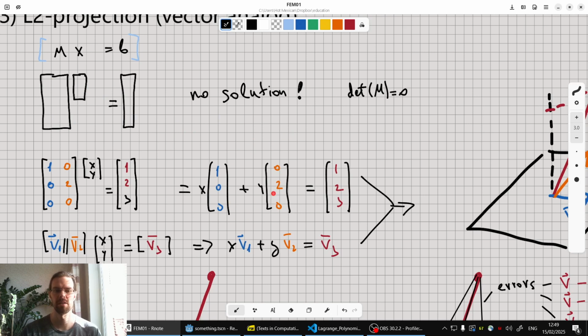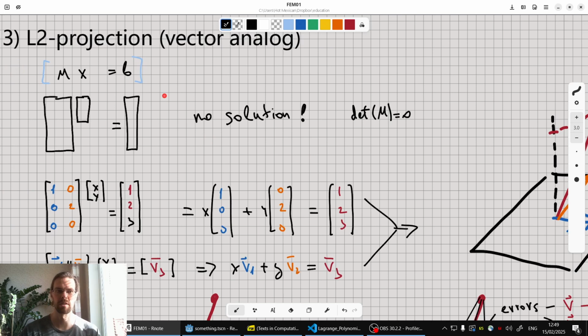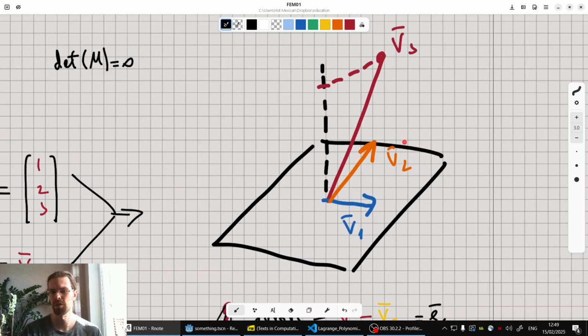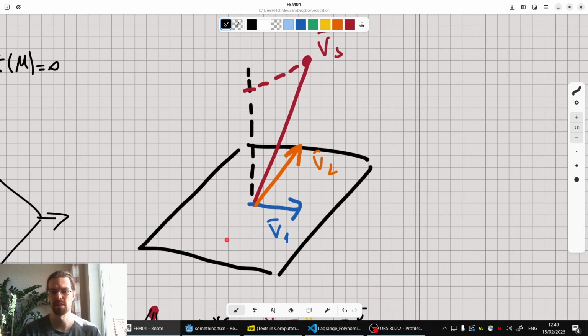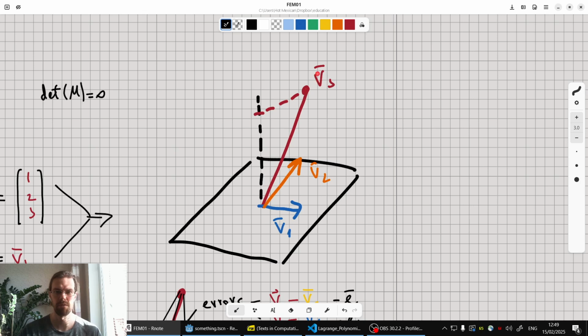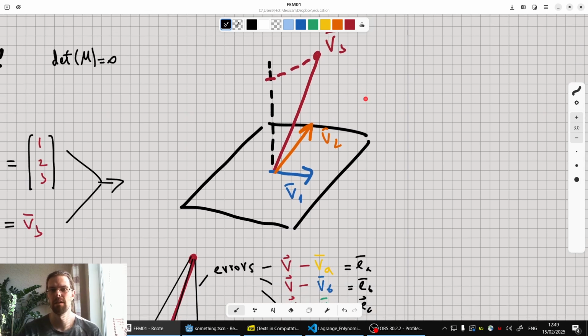So any linear combination of these columns will only span a plane. Unless we're very lucky and b lives on that plane, we will not find a solution. So the situation will be like this: two vectors that lie on a plane, and our b, which is here in R3, is out of the plane. And that's it. We don't have solutions, we give up.